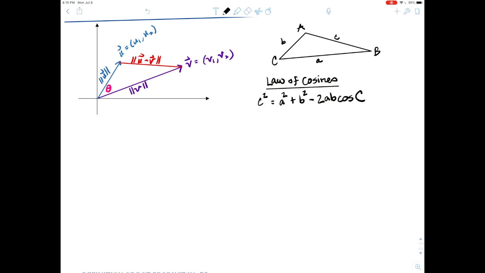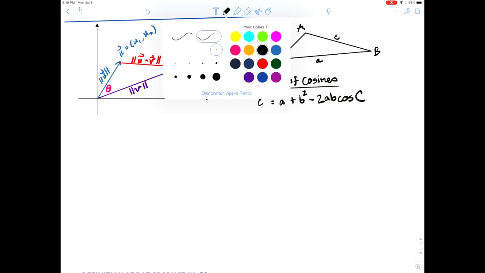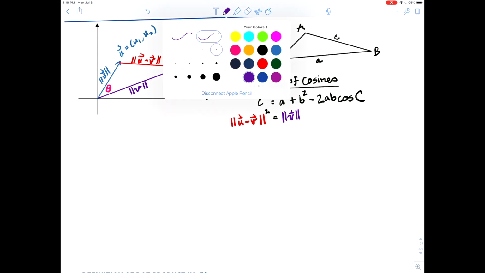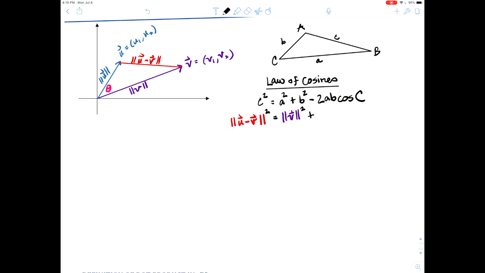We know that our side C is what? Beautiful. It's the magnitude of u minus v. And we need to square it, right? And that's equal to, so our side A would be what? The magnitude of v, squared. And then our side B will be the magnitude of u.